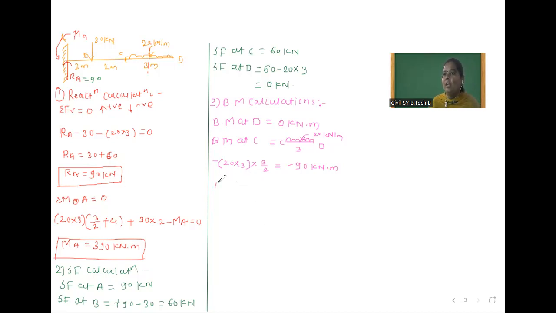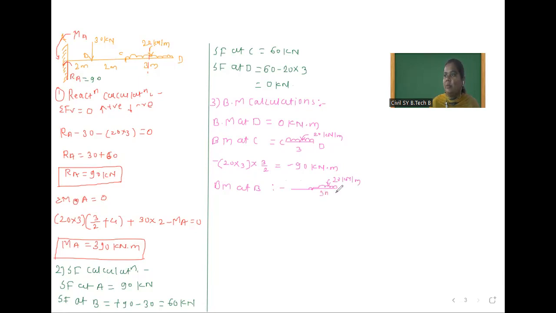After that, we will calculate bending moment at B point. Okay. For this, I will draw a figure here. Here 20 kilonewton per meter.